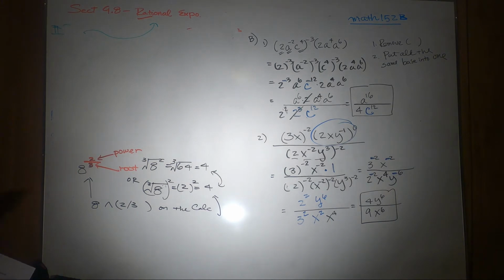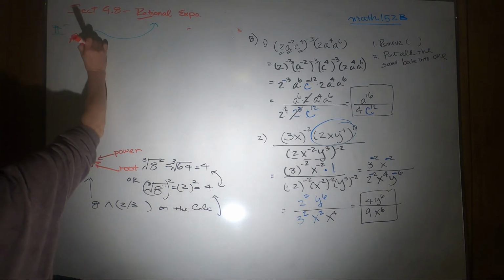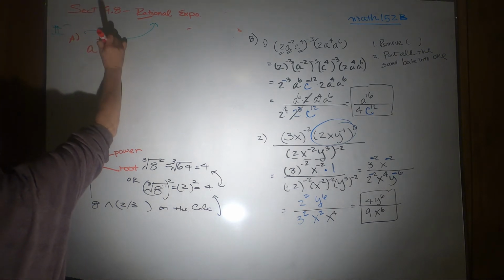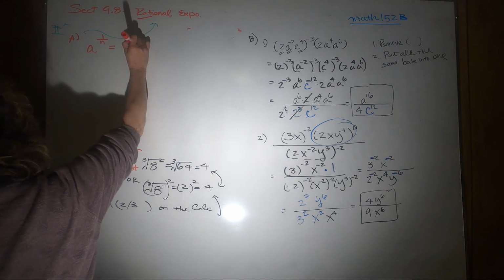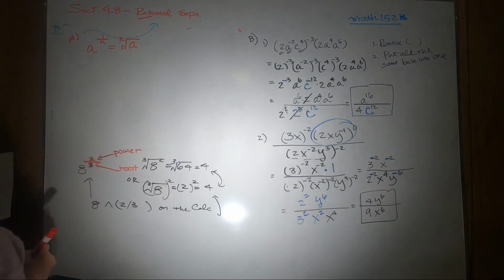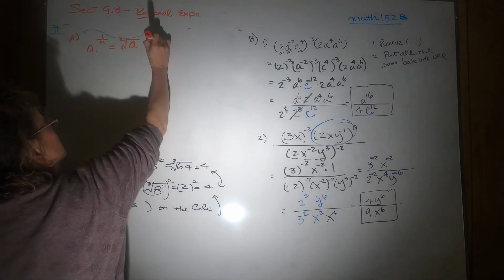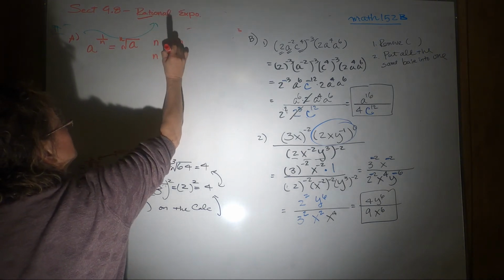Okay, so that's how we use the rational exponents, fractional exponents. It will look like this. If we write a to the 1/n power, top is the power, bottom is the root, right? So that would be a, take the nth root, right? So when we have this situation, n might be an even number or an odd number, right?